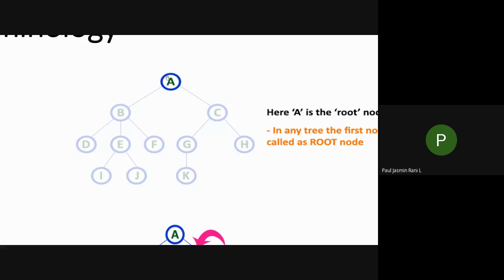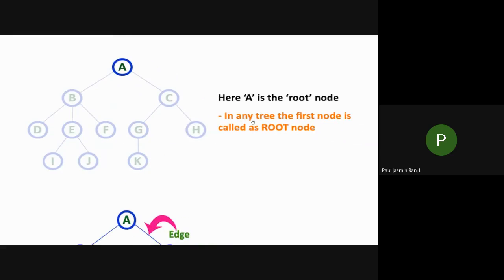Why do we call it a root node? Suppose you don't have this particular A node, what will happen? All other nodes will not be connected to it, isn't it? So this root node plays a vital role here. In any tree data structure, you will have only one root node. The first node is called the root node. So remember this: the first node will always be called your root node.